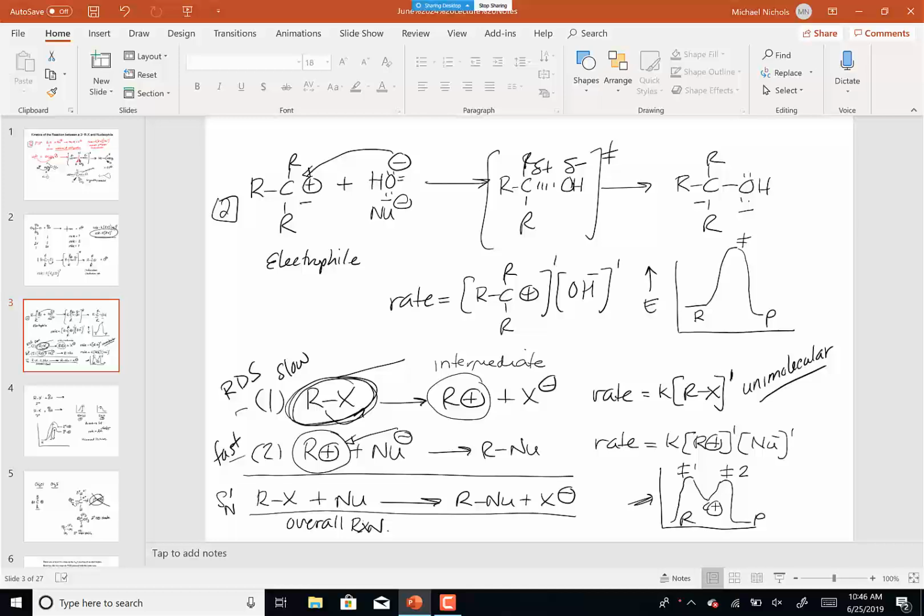So the last portion is, because the rate determining step is the formation of the carbocation, the step that forms the more stable carbocation means the overall reaction is going to occur faster.